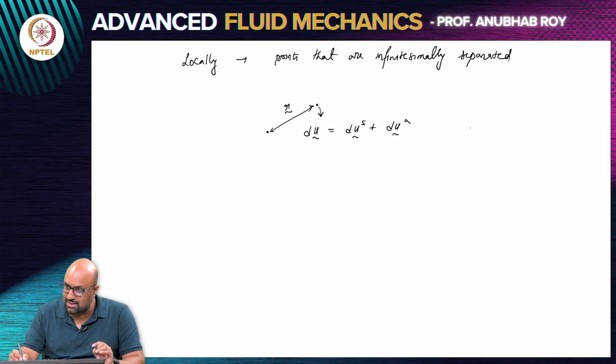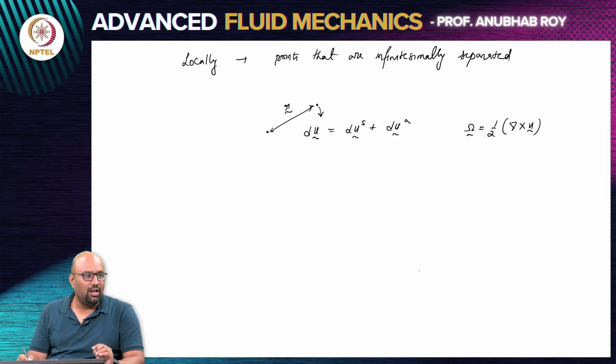How fast it rotates is given by the local value of the vorticity, or precisely half of the local vorticity. So vorticity, a quantity we are going to go through in some detail later, is, from a kinematics point of view, a measure of your local rotation.